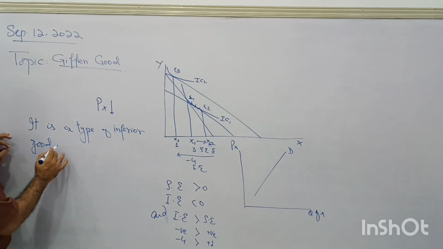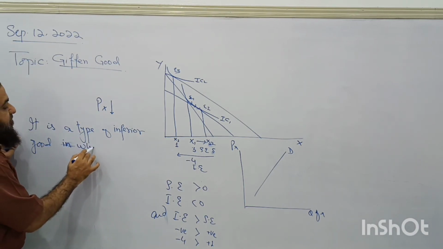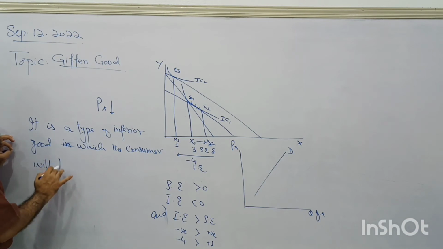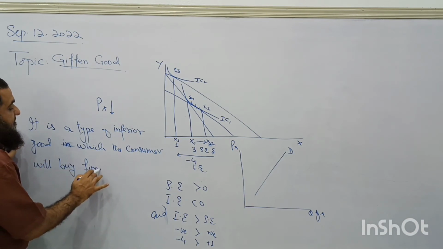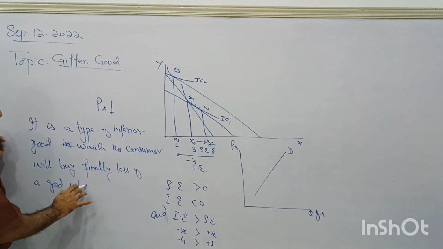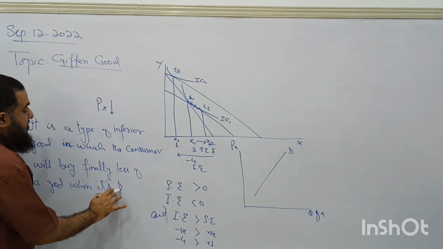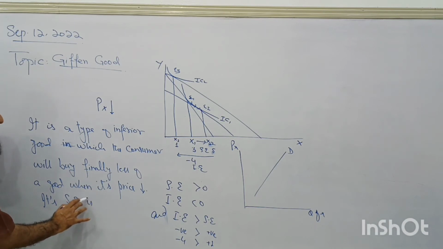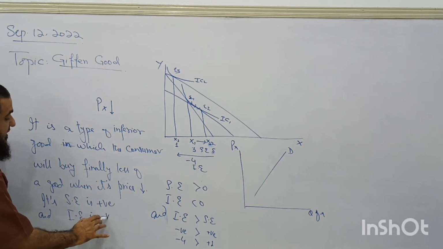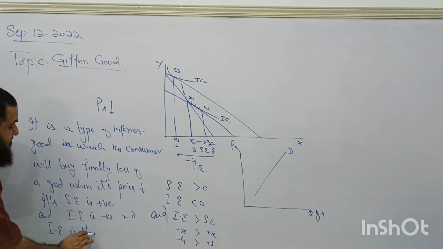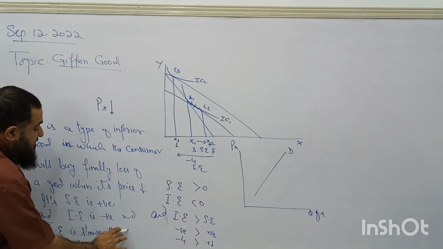So it is a type of inferior good in which the consumer will finally buy less of a good when its price decreases; its substitution effect is positive and income effect is negative, and the income effect is stronger than the substitution effect.